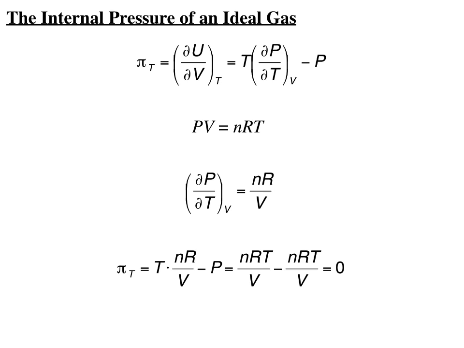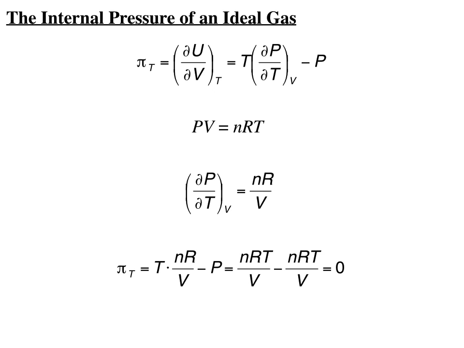So two slides back, what we found was π_T has to be equal to T (dP/dT) at fixed V minus P. Again, a true statement for any system, whether it's real or ideal. But now let's put PV equals nRT into this, and P is equal to nRT over V. So dP/dT at fixed V is nR over V.